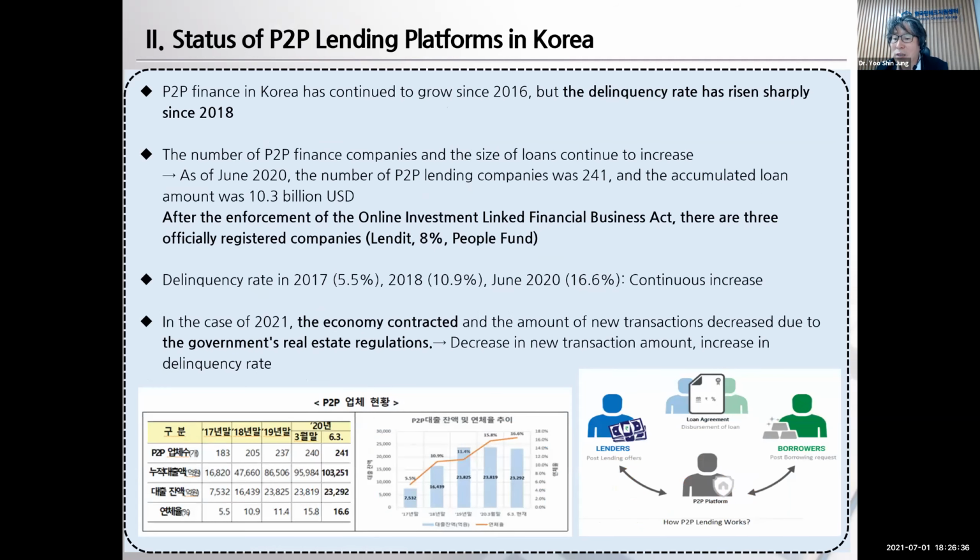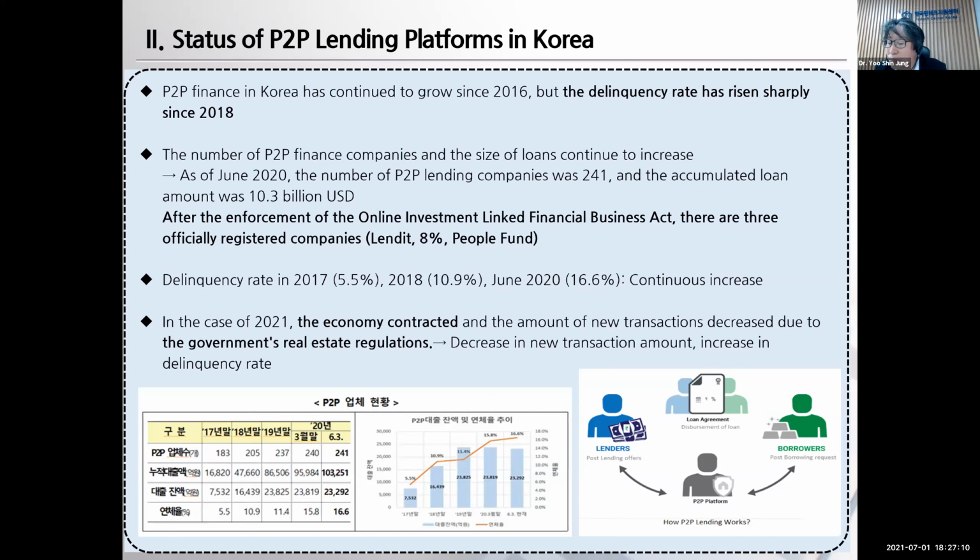P2P finance in Korea has continued to grow since about 5 years ago, 2016, but the credit of the fund demanders was degraded due to COVID-19, and so the delinquency rate has risen very sharply recently. It's up to 16.6% as of last June.